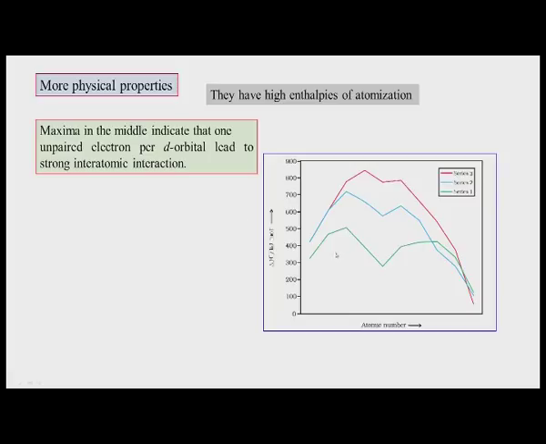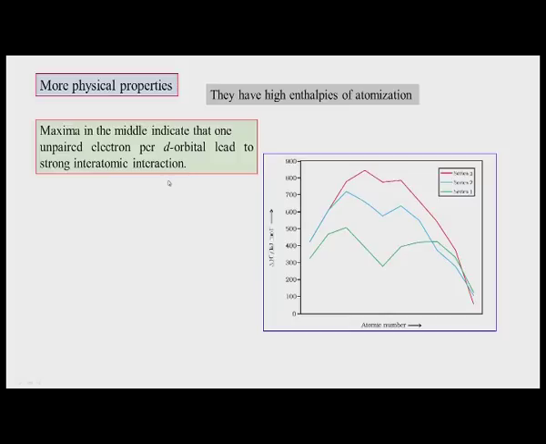So, when we have more number of unpaired electrons, in a particular situation we have 3d5 electronic configuration. We all know, and we will be discussing afterwards also, that a 3d5 situation, which we call a high spin situation, has all the 5 unpaired electrons occupying 5 different d orbitals. So, you have a large number of unpaired electrons and 1 electron in each d orbital, giving rise to strong interatomic interactions.